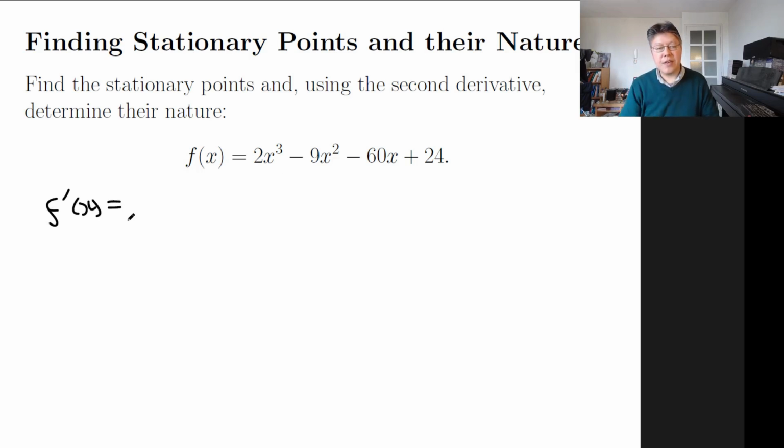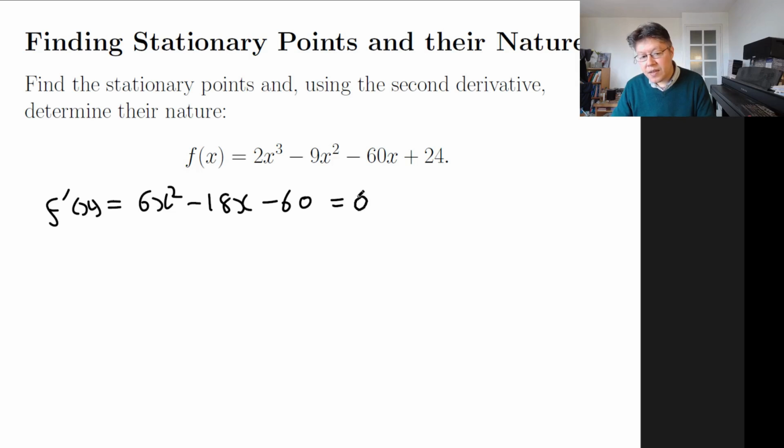So we get f dash of x equals 6x squared minus 18x minus 60, and we set this equal to 0 and we solve this equation. So I think we can divide everything by 6 first of all, so we get x squared minus 3x minus 10 equals 0, and we can factorize this.